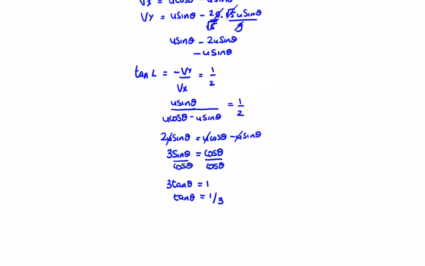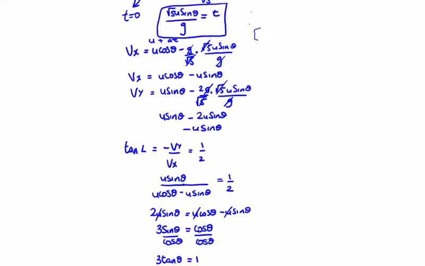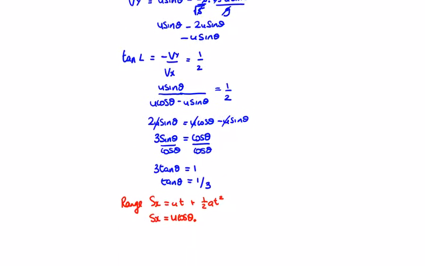They're also looking for the range here. Using x equals ut plus a half at squared, the range is u cos theta times t, which we have from above, root 5 u sine theta over g.